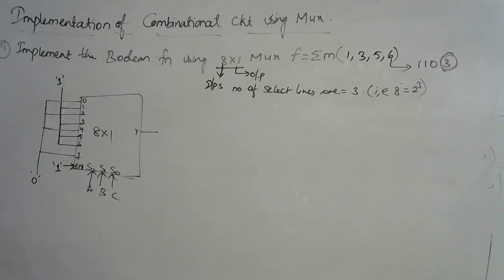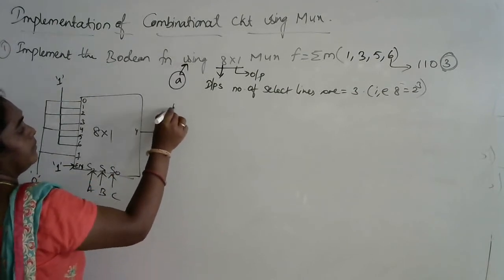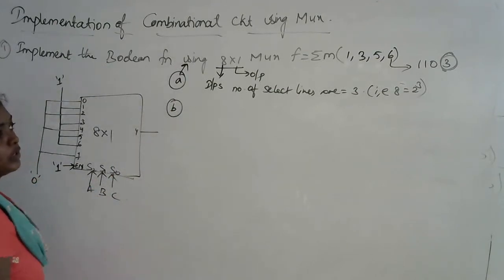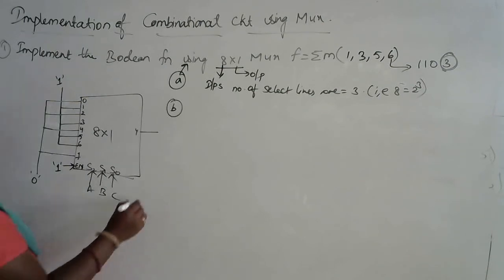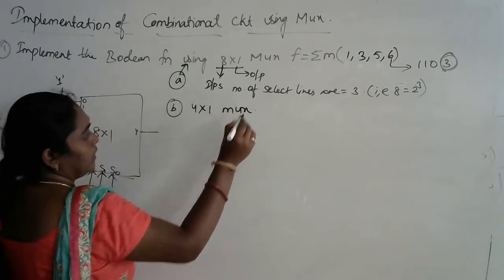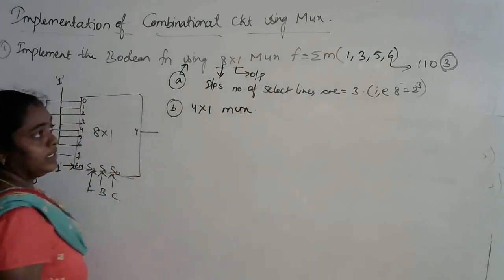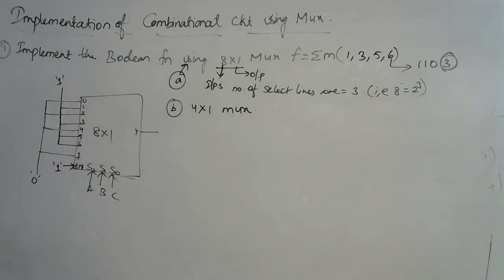Let me take the same question, f equals sigma m of 1, 3, 5, 6, by using 4 by 1 multiplexer. But in the question, the highest value is 6, and the 6 equivalent is 3 bits.